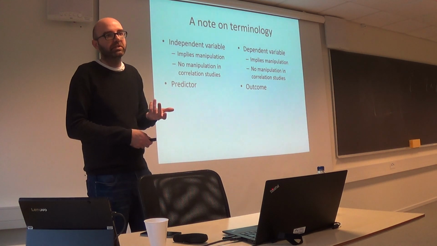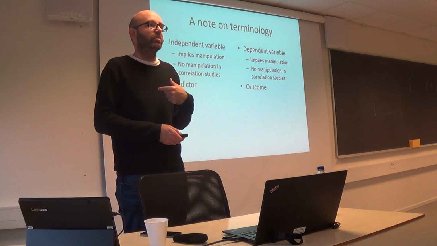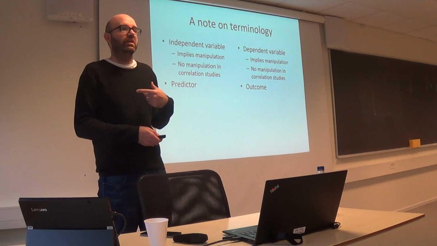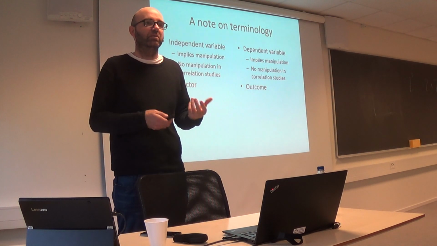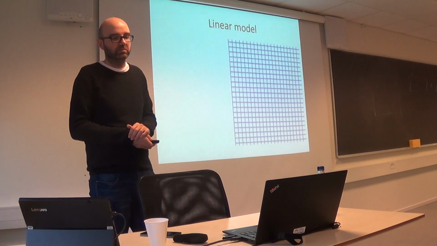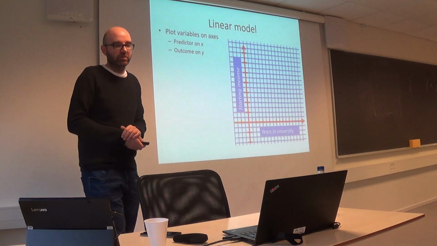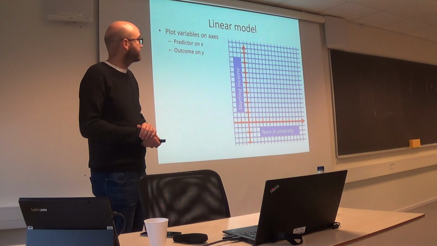So even though it's correlational, you still have epistemological interest in the way your variables are represented, in the way your model's set up, and in the kind of language you use. So let's take our linear model, and let's take a measurement.